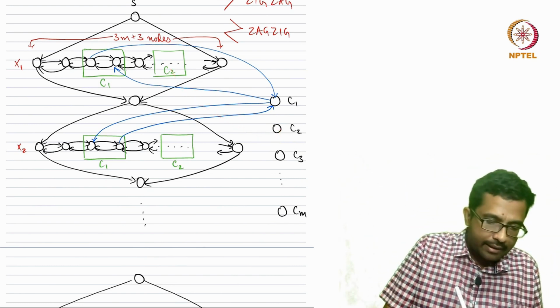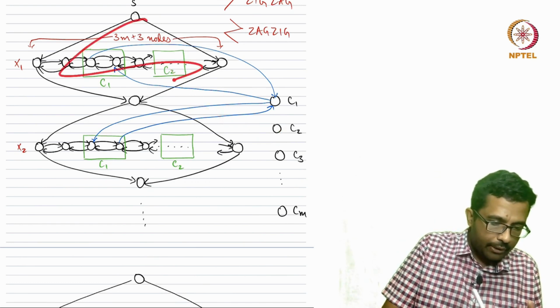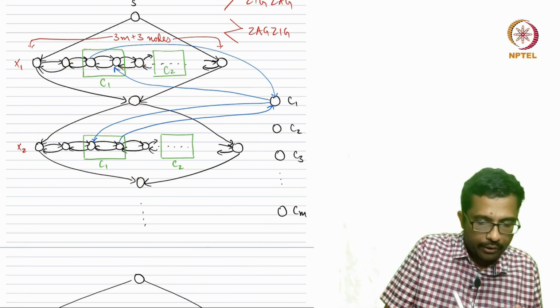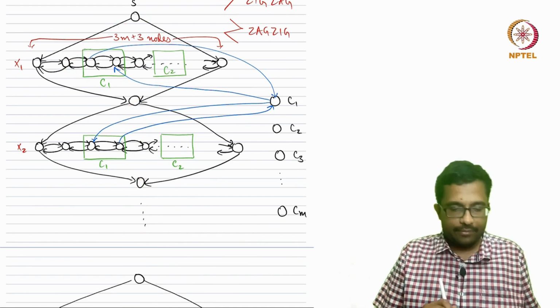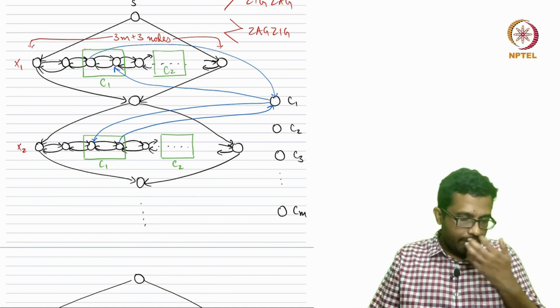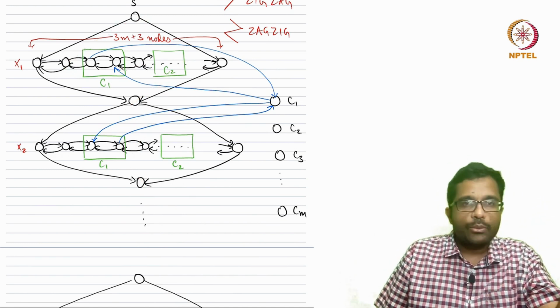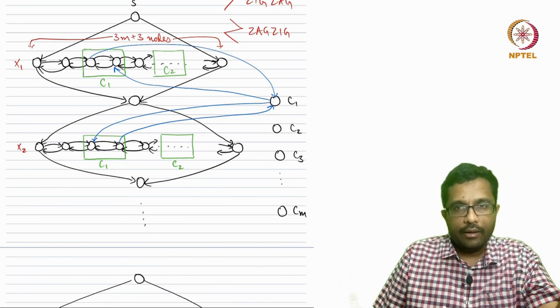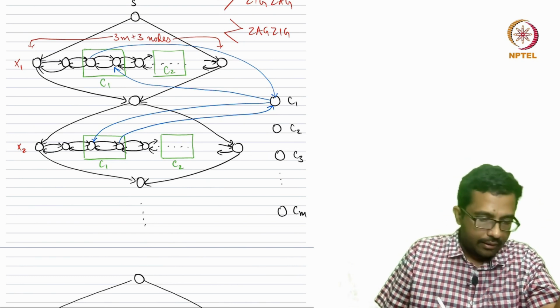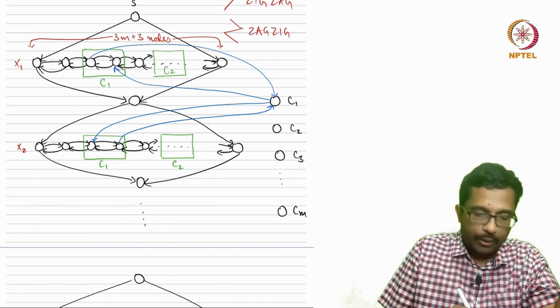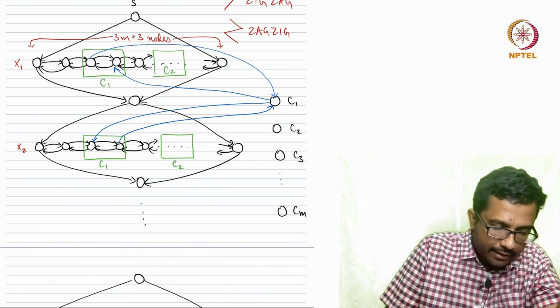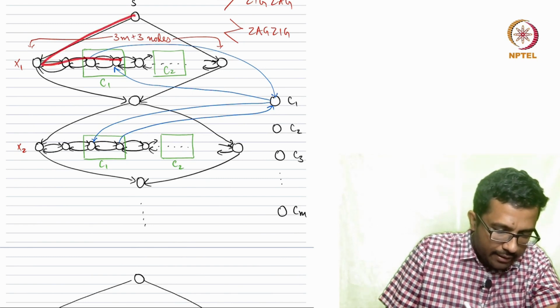Now we have the Hamiltonian path, and how are we going to incorporate these clause vertices? The way we are going to do it is, suppose x1 features in C1. Then if we are zigzagging, it is easy. Zigzagging means this.